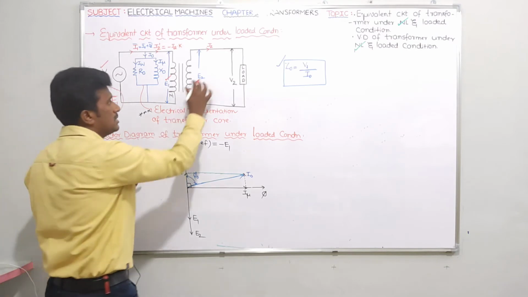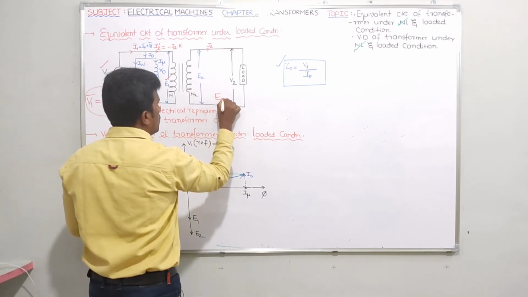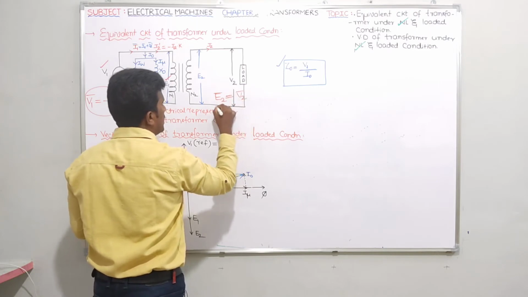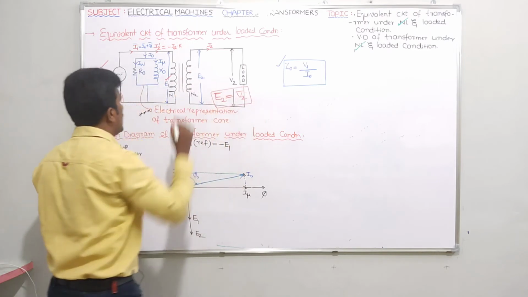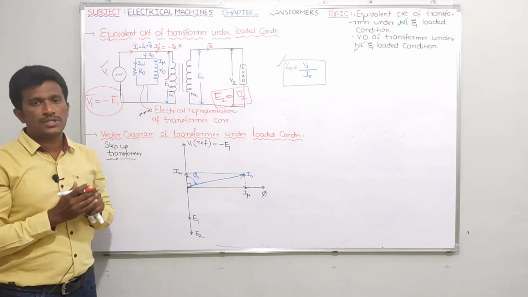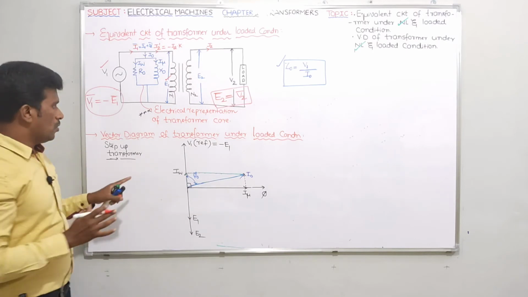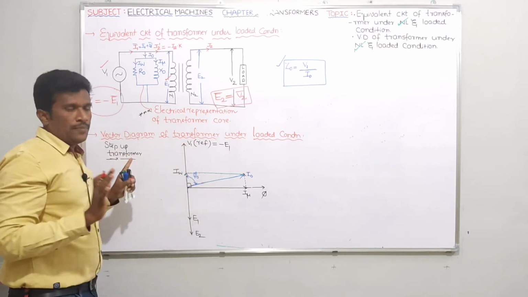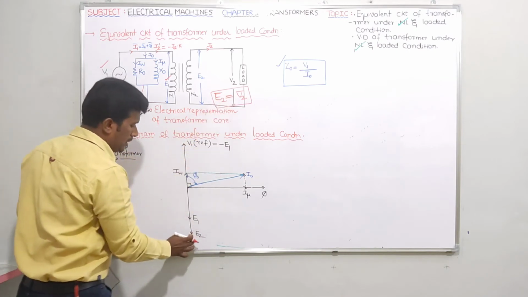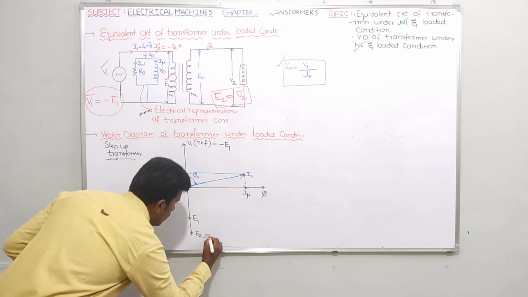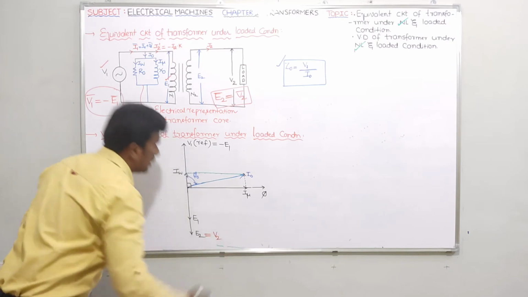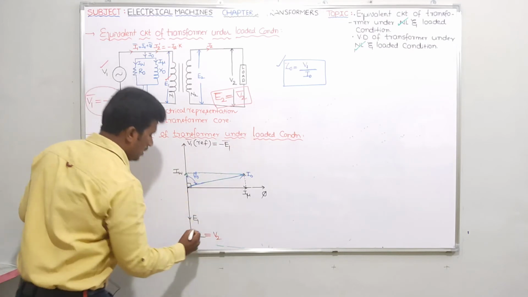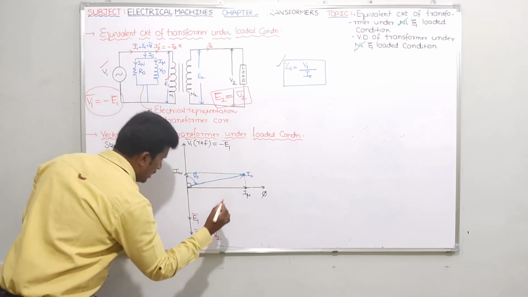On the secondary side, E2 bar equals V2 bar. Don't write a minus symbol here. The reason I already gave in the Lenz law topic, please try to refer to that. So this is E1 and this becomes minus E1. And E2 vector will be equal to V2 vector. V1 bar equals minus E1 bar, E2 bar equals V2 bar, and here it is E1 bar.